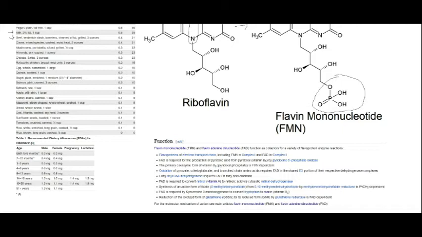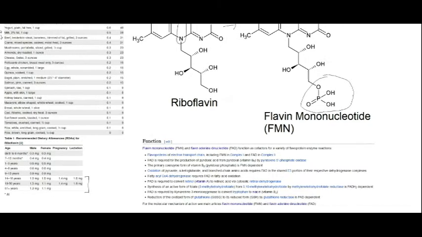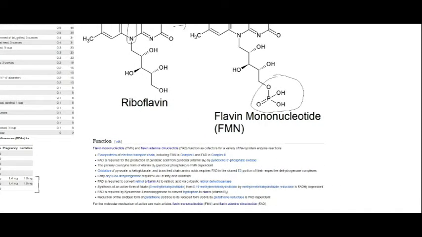Down here, once again, we have the RDAs, and so for people between the ages of 14 and 51 plus, about 1 to 1.3 milligrams is the RDA. Here I just have copied from Wikipedia some of the functions of the flavin mononucleotide and flavin adenine dinucleotide, which, as I said, are built out of riboflavin.